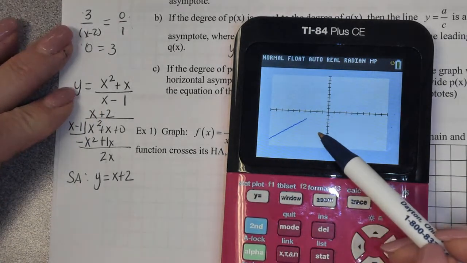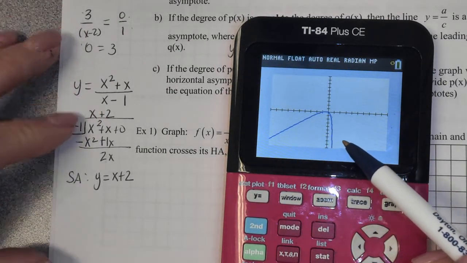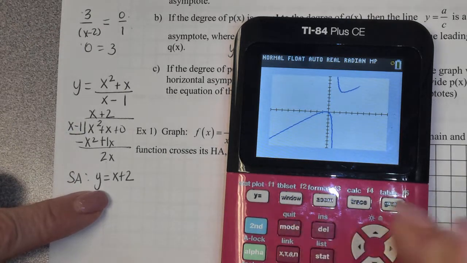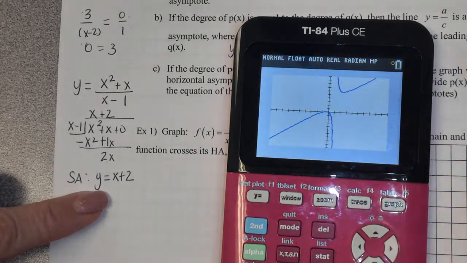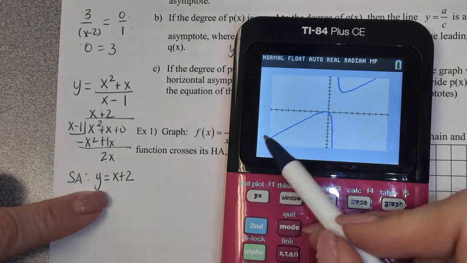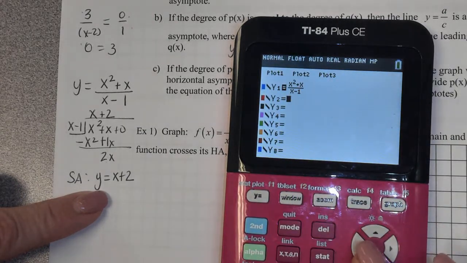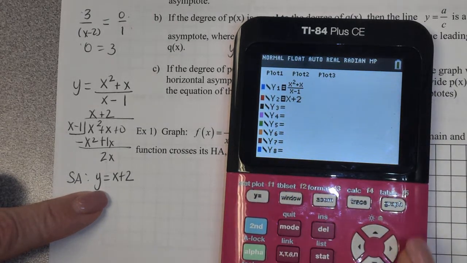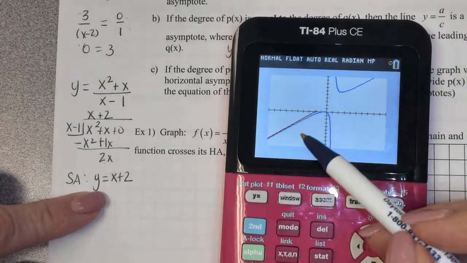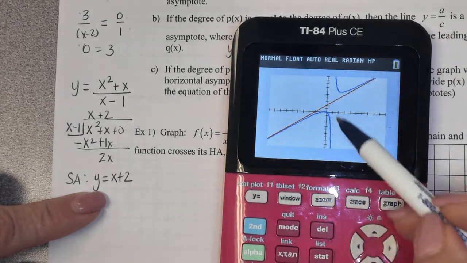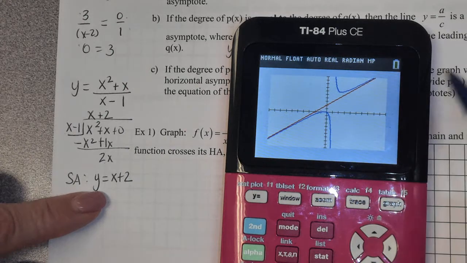See how it comes up like this? And what that means is that we've got this y equals x plus 2 is going to kind of come up right through this. It's going to be a boundary for us. See how it comes right up there? And it's a boundary for us. Now it can cross that, but it doesn't always.